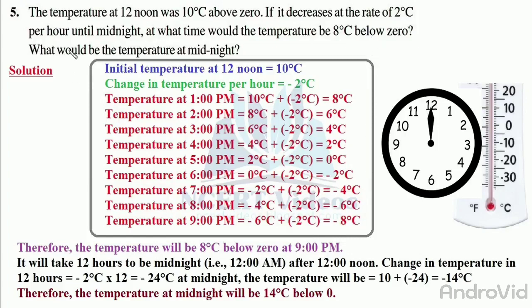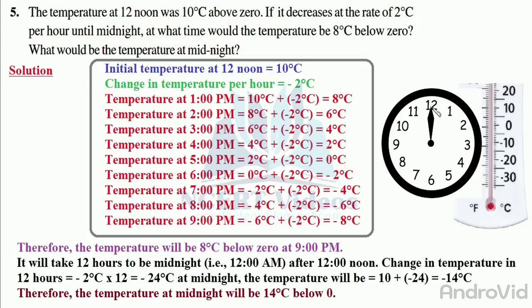So this is the first part. What would be the temperature at midnight? This means the 12 at midnight. Now it will take 12 hours to be midnight. Why? Because when you make a total rotation from here, this is 6 in the evening, this is 9 at night, and 10 at night, 11 at night, and 12.